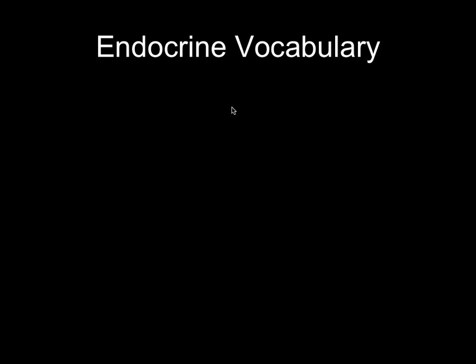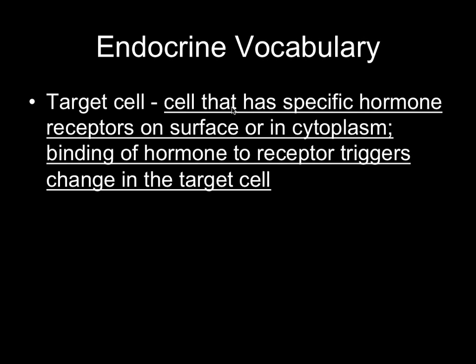Okay. So we have some vocabulary that we need to go through in order to talk about how hormones work in general. The first one we want to talk about is the target cell. A target cell in the endocrine system is a type of cell that has specific hormone receptors on the surface or in the cytoplasm.